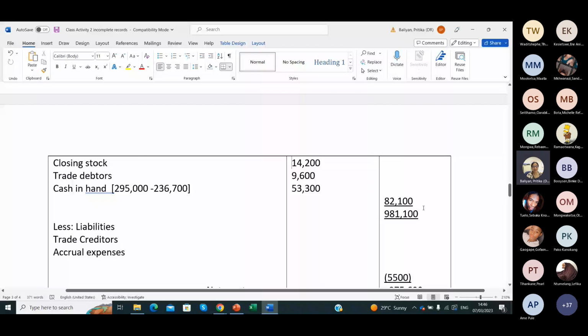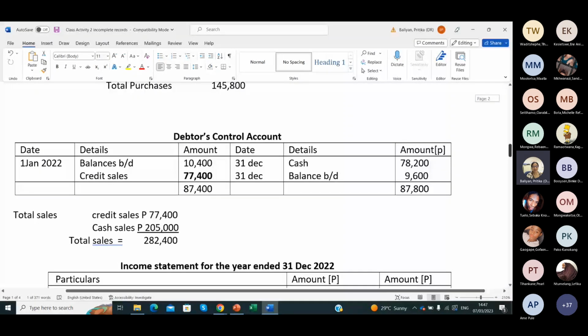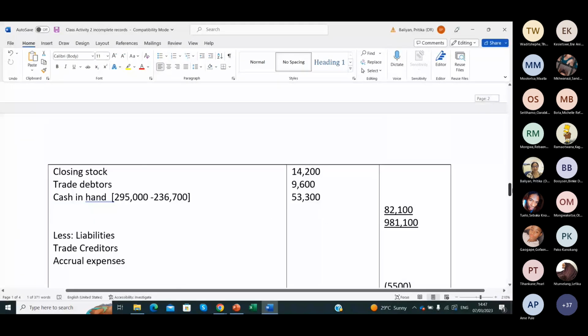You can see here, this is the amount of cash received and this is the amount of cash payment. When you subtract these two figures, because receipts are more than the payment, it means that at the end of the year, some cash is left. So how much cash is left? The cash left is 53,300.